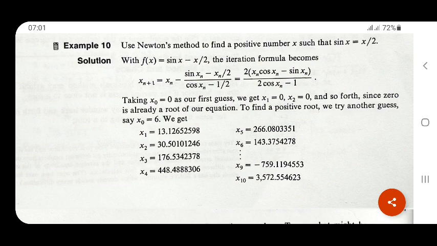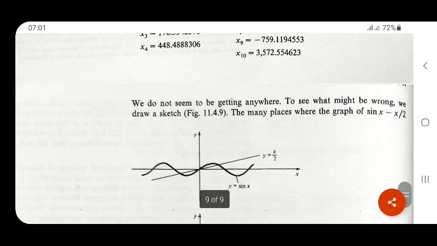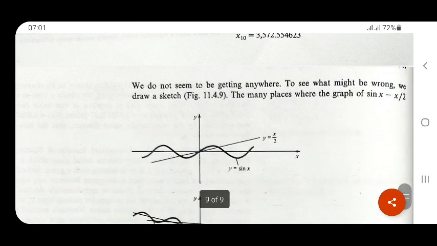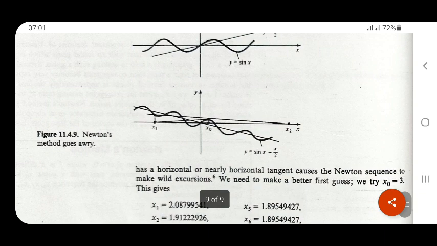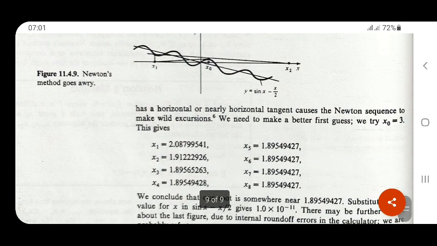If you randomly choose x naught equal to 6, we will end up nowhere, because the graph is given like this. Now we will have another better try. X naught equal to 3, then we have a solution. f of x8 is 1.1 into 10 raised to minus 11, so f of x8 is approximately close to 0.